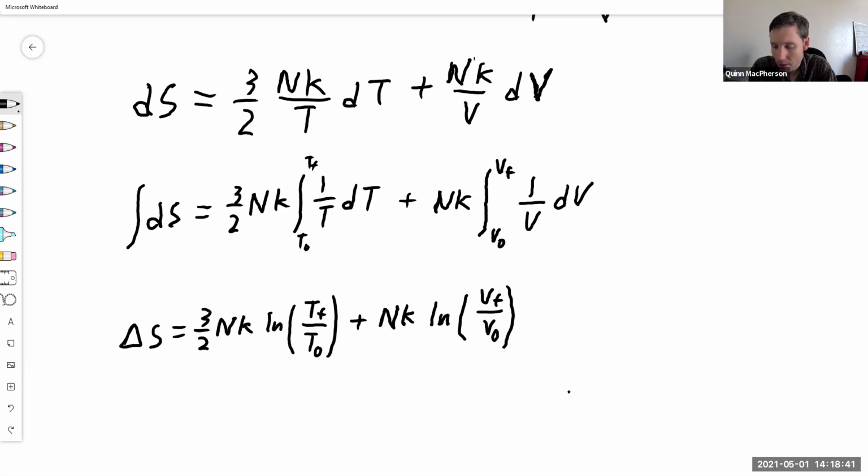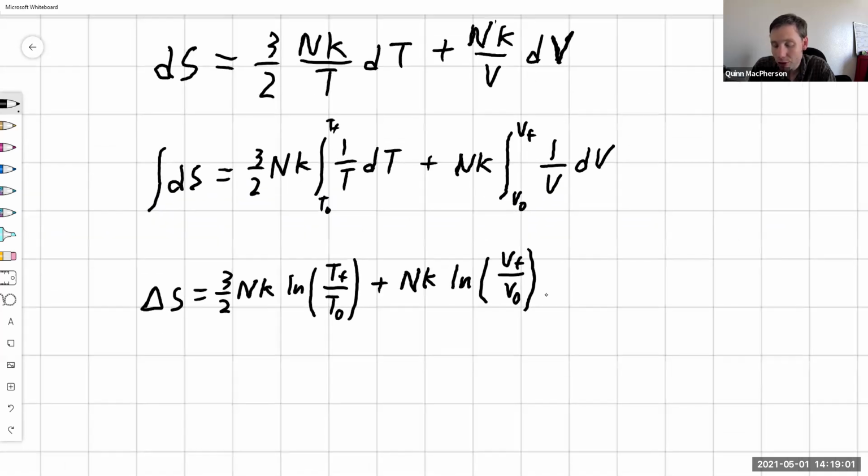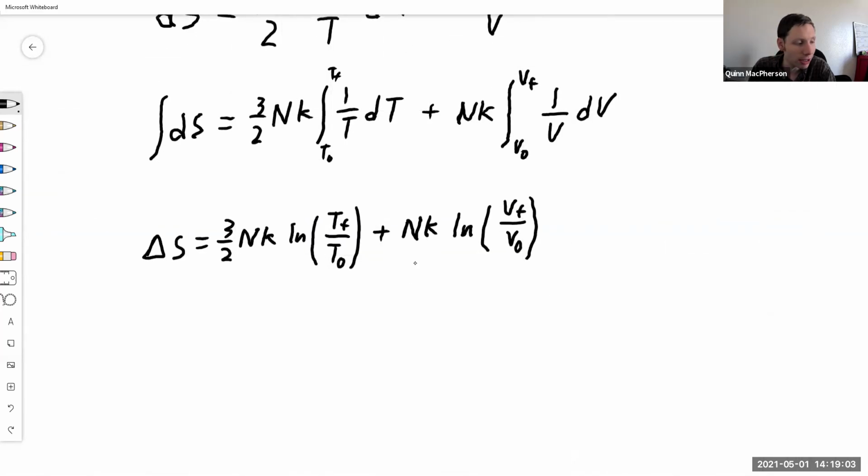Okay, so this is almost there. Once again, you can see this is the change in entropy due to more ways of arranging heat energy among the molecules, and this is the more ways of arranging those molecules in a larger volume. We have both of those. In this particular problem, we're not given T final over T initial. We're actually given P's and V's.